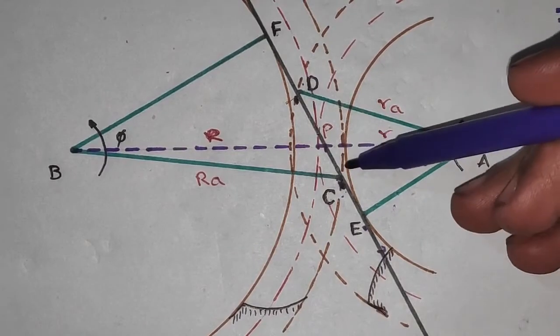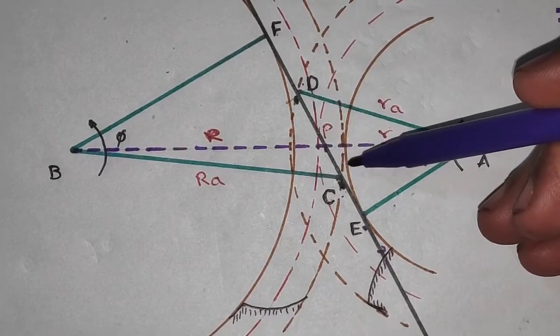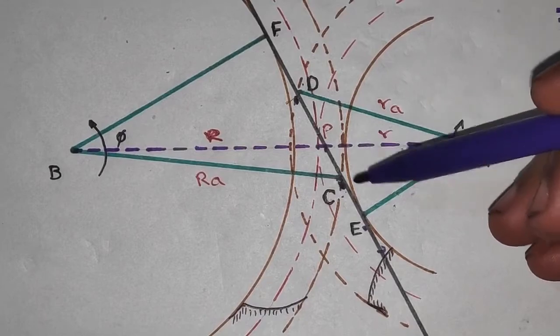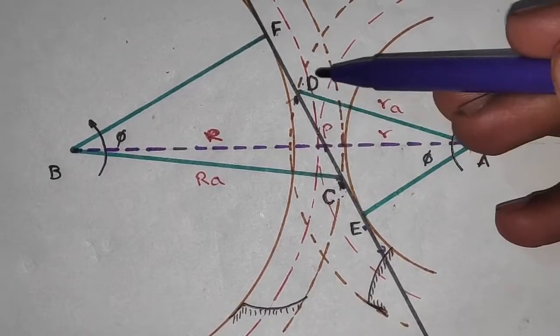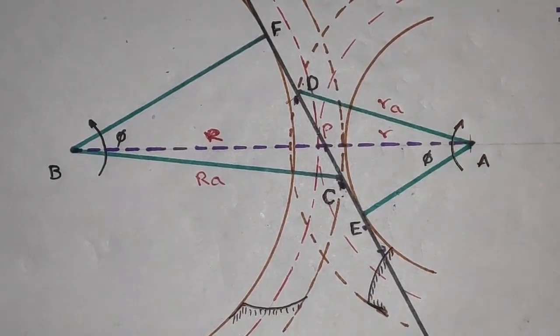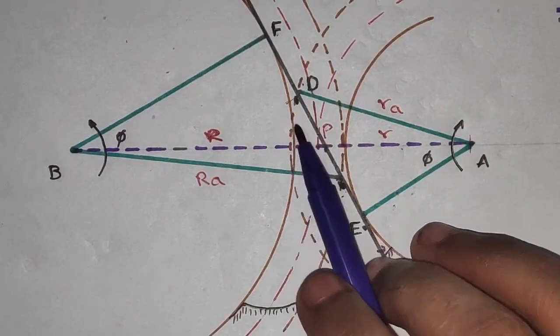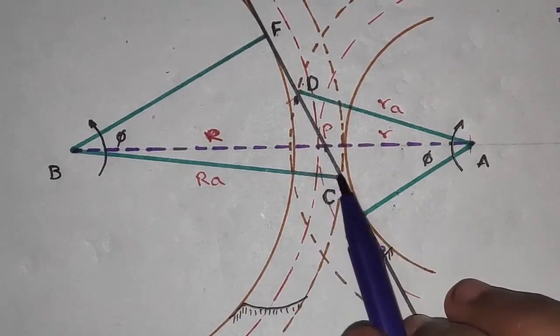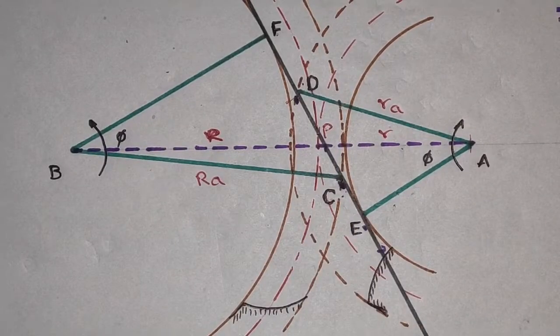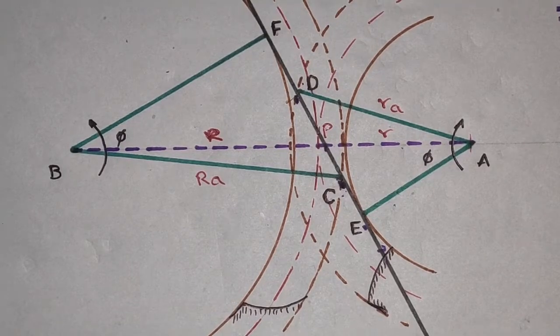So it is the locus of the point of contact of two mating gears from the beginning of the engagement to the end of the engagement, and we call it the path of contact. Now for this arrangement we will determine the length CD. The equation to determine that length is known as the length of path of contact. Let us see from this particular diagram.